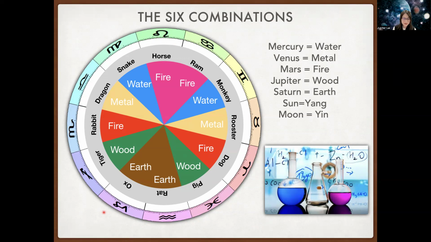There are different ways of combining the earthly branches. One of the ways we call six combinations. For the six combinations, we group every two branches together. And despite their original elements, when they combine together, they form a new element.